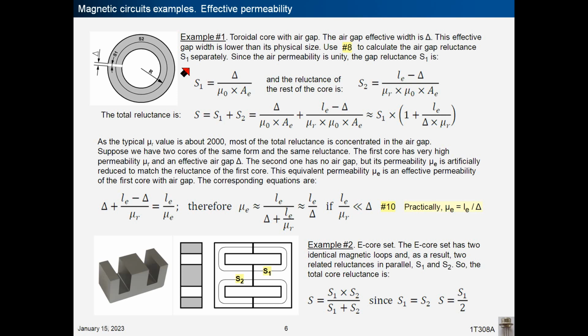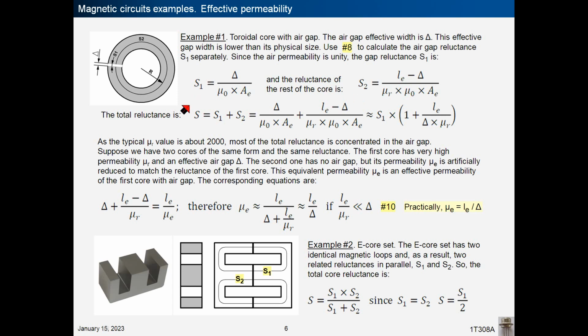Since the air permeability is unity, the gap reluctance S1 is related to the effective gap width and the effective area, and the reluctance of the rest of the core, S2, is related to the effective length minus the gap width, the effective area, and the magnetic permeability of the core, which is non-unity.